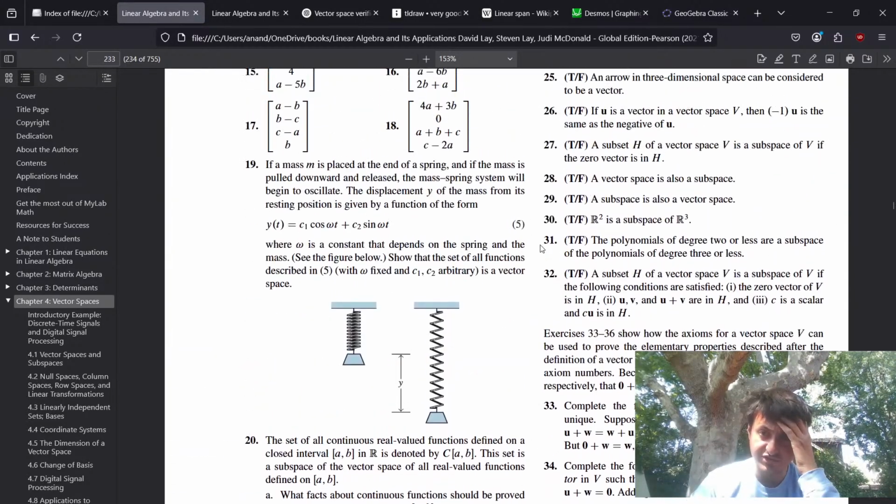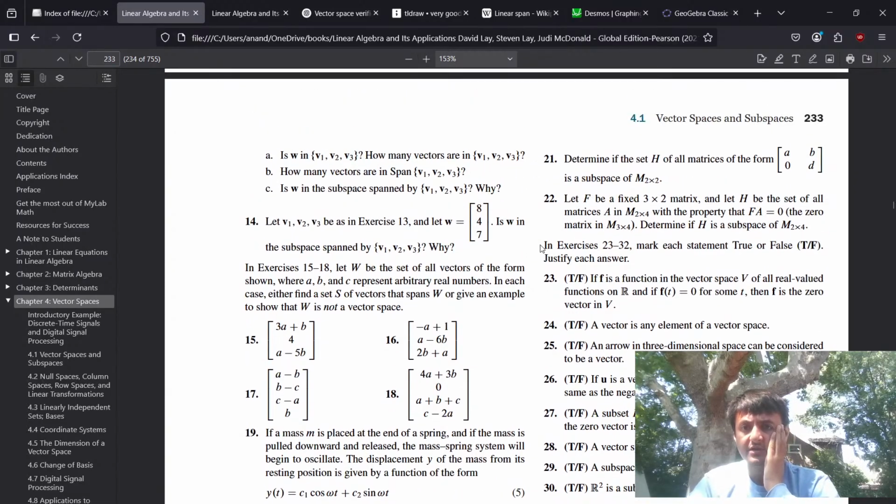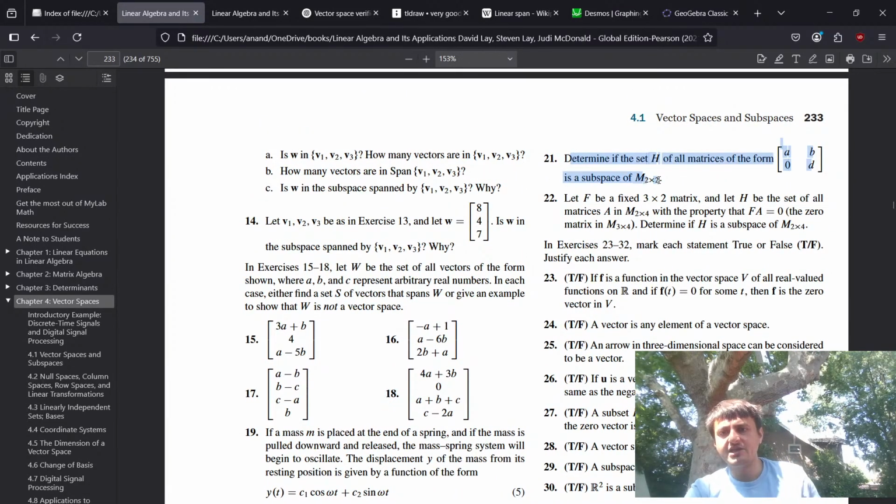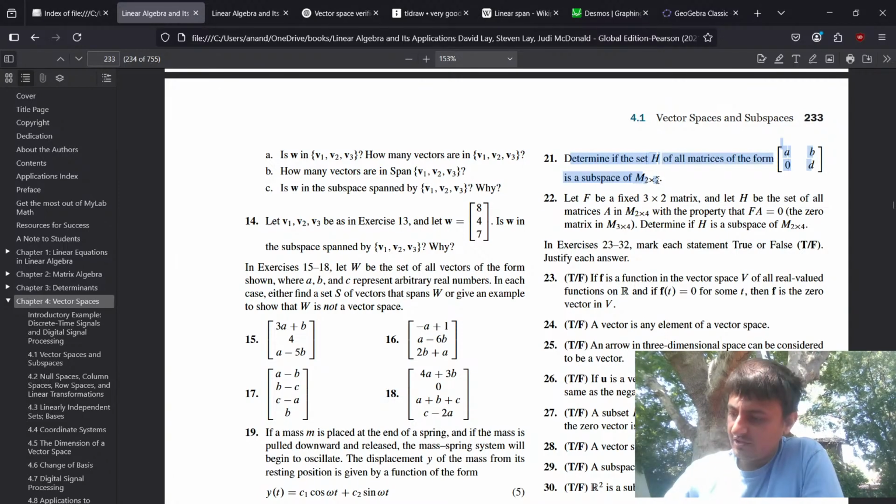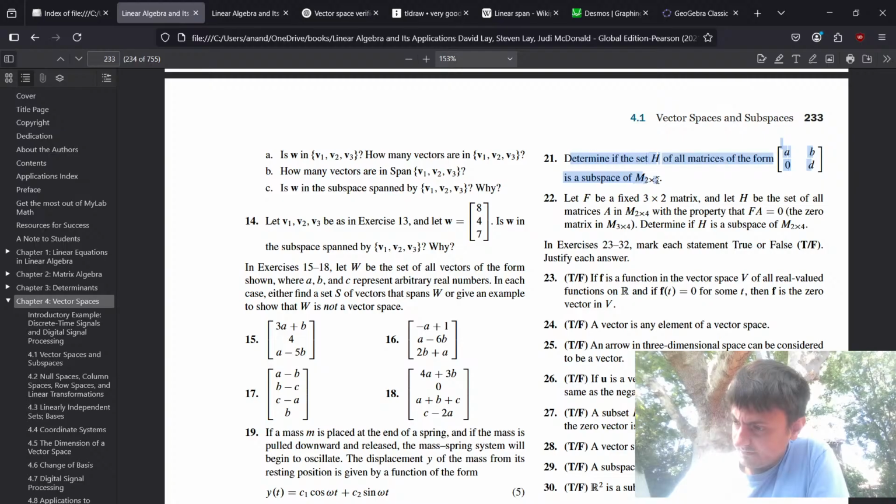That's the type of thing that you usually need to prove. Determine if this set H equal to (a, b, d, 0) is a subspace of M 2 by 2.